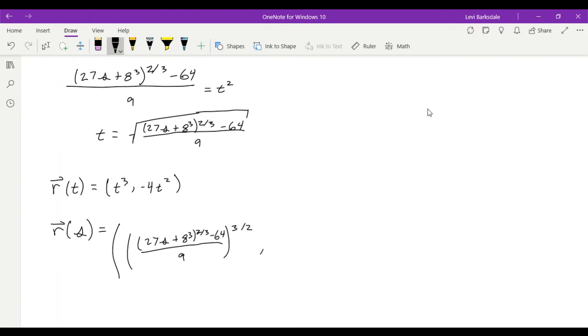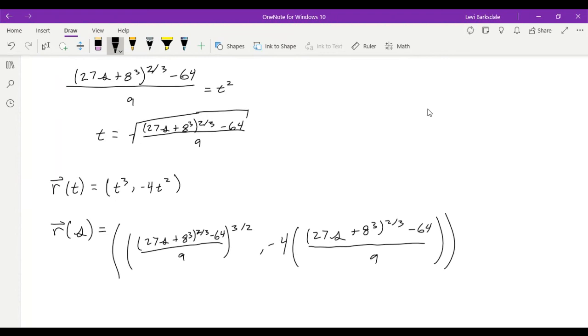That's because I combined the square root and the to the 3rd power, comma, negative 4 times 27s plus 8 cubed to the 2/3 minus 64 all over 9.